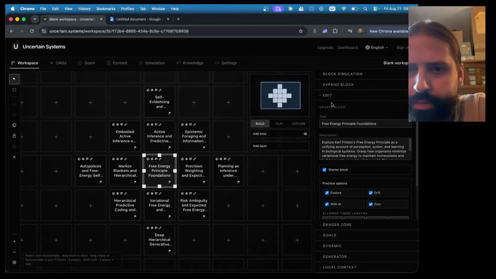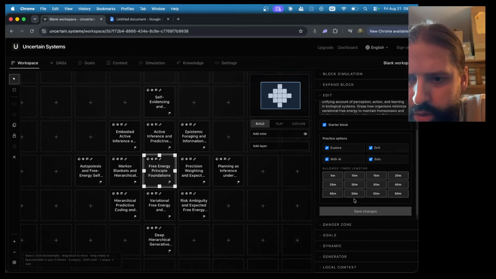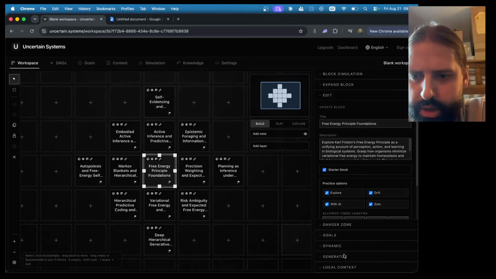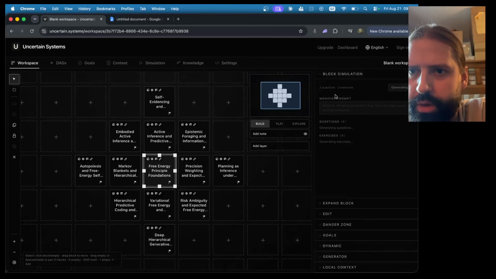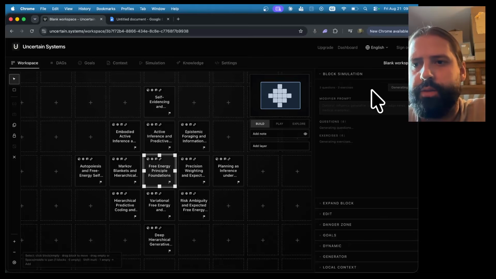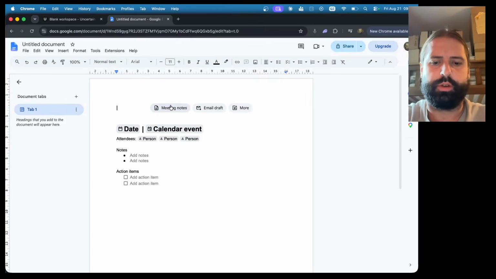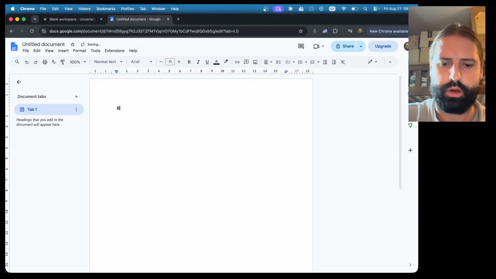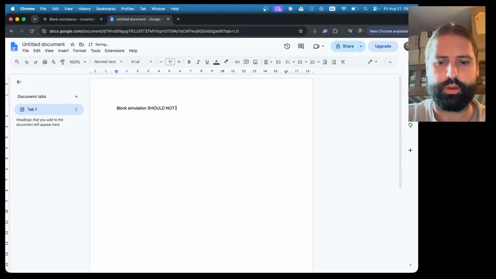Before I do anything here, I'm not interested in any of these right now. This is more for authoring workspaces for other people. Oh, I still have that bug: block simulation auto triggers. Sorry, block simulation should not auto trigger.